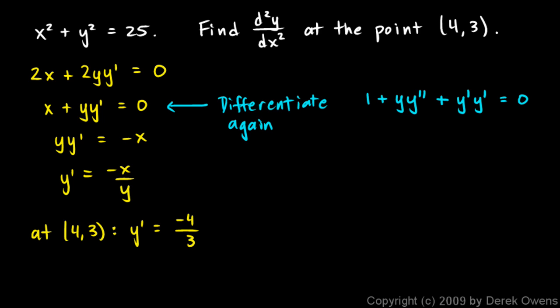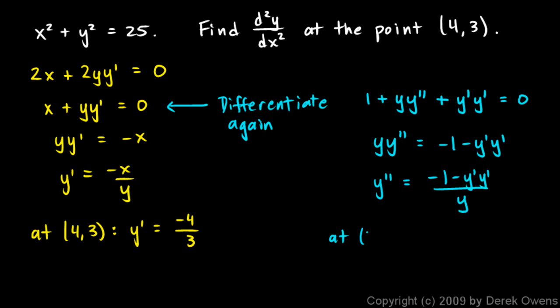So let's just do the algebra to solve for that. y times y double prime is going to be negative 1 minus y prime times y prime. So y double prime, what I'm looking for, is negative 1 minus y prime times y prime, over y. And then at the point (4, 3), this is going to equal negative 1 minus y prime, and y prime is negative 4 over 3.